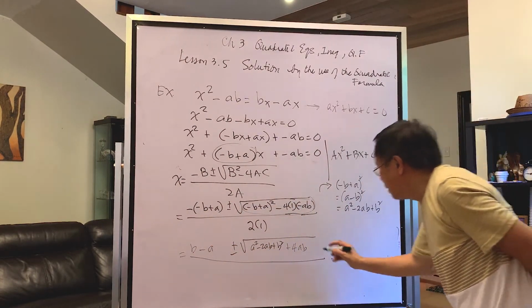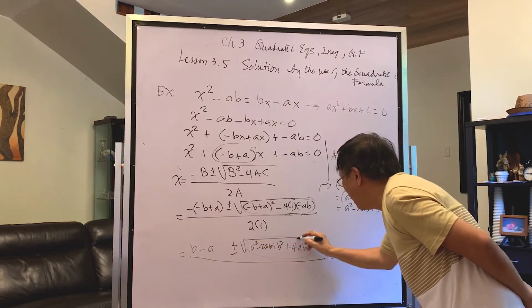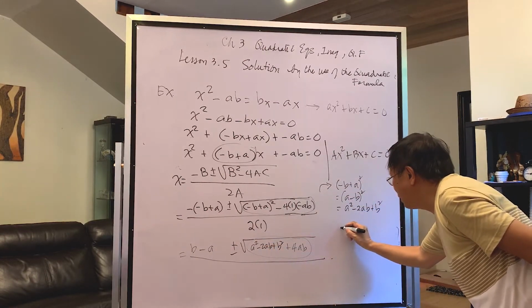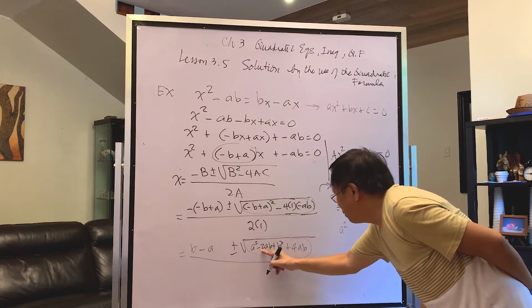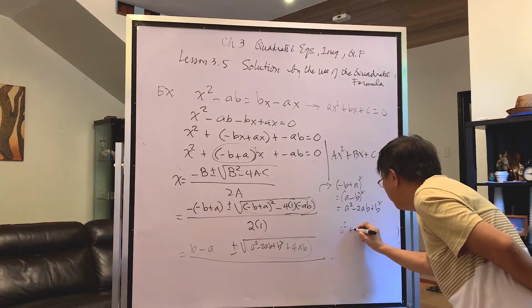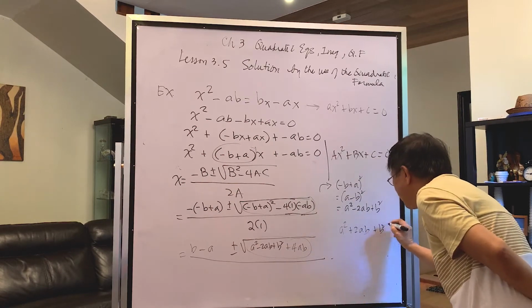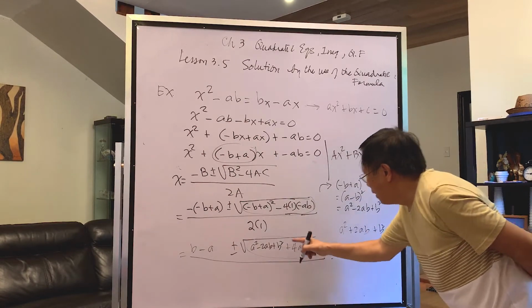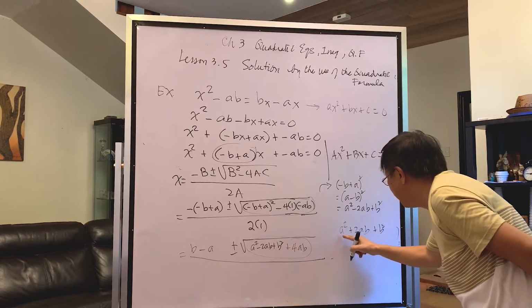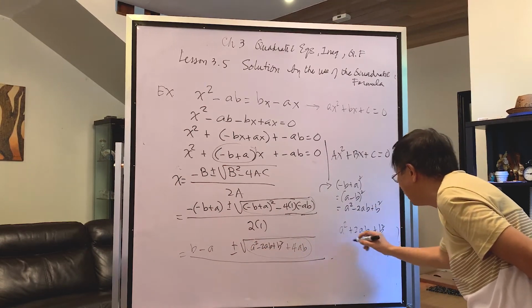Okay? Now, simplifying this, actually, I will have that as a squared minus 2ab and 4ab will give me plus 2ab and then plus b squared. Note that the simplified form of this radicand here is a squared plus 2ab plus b squared.